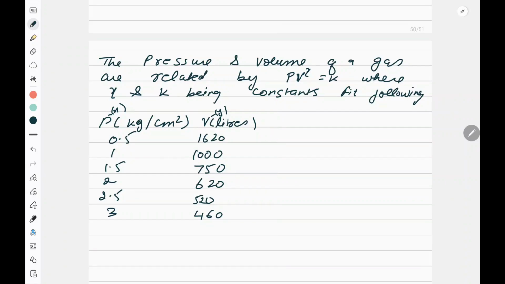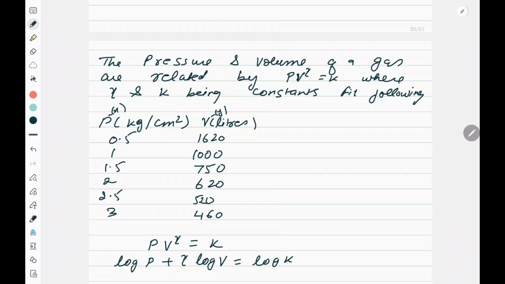Okay. Now what is the curve? P V to the power gamma is equal to K. They have said gamma and K are constant, means gamma and K are playing the role of your A and B, right? So that you have to take care. Now let us start. If you take log on both the sides, what you will get? Log P plus gamma log V is equal to log K. Correct?